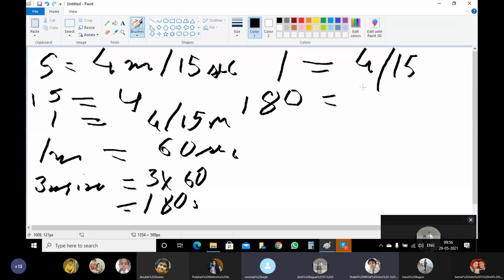See, 4 upon 15, unitary method. You have learned the unitary method, no? Simply I am using the unitary method. So it will be into 180. Please solve it. How many meters? Calculate it for me and tell me.